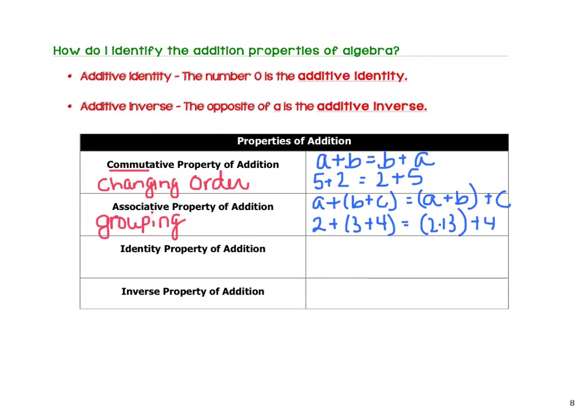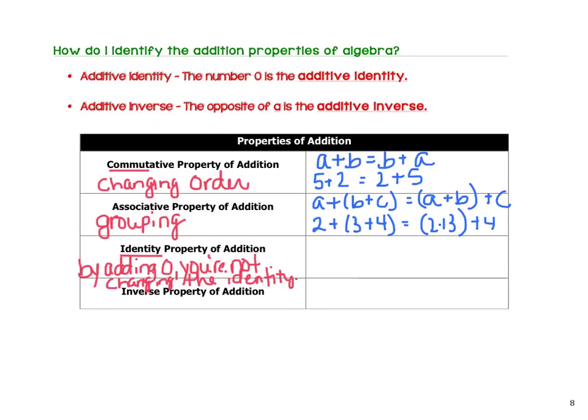All right, so the identity property. What the identity property means is that by adding 0 to any number, you're not going to change the identity. So let's go ahead and write that. By adding 0, you're not changing the identity.